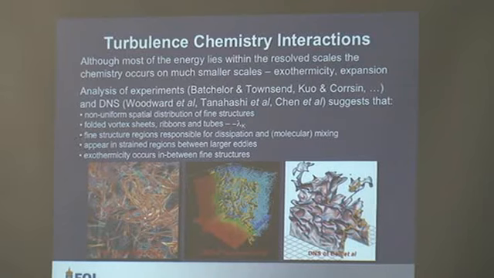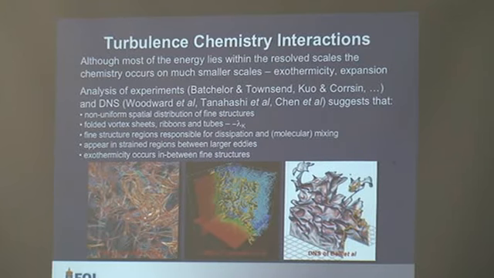These fine structures are responsible for much of the dissipation and some of the mixing. They tend to appear in strained regions between larger flow structures, larger eddies. And as we've seen from the reacting DNS, the exothermicity appears to occur in between these kinds of structures. So this is some information that we can deduce from DNS and experiments.